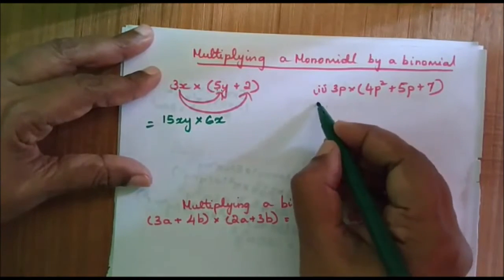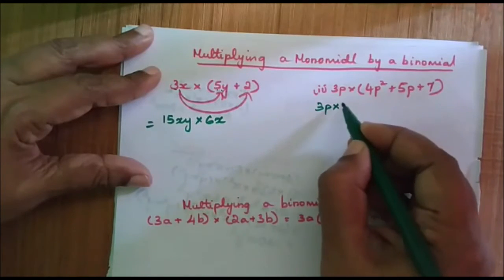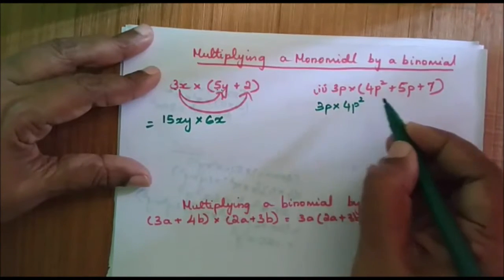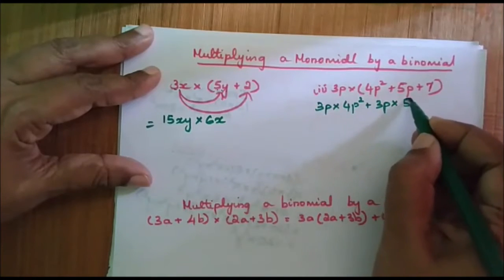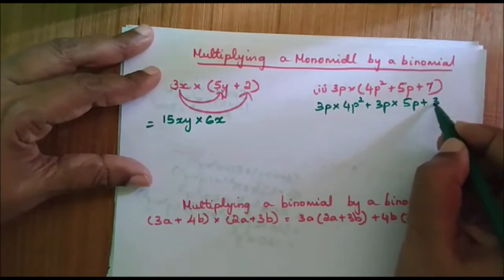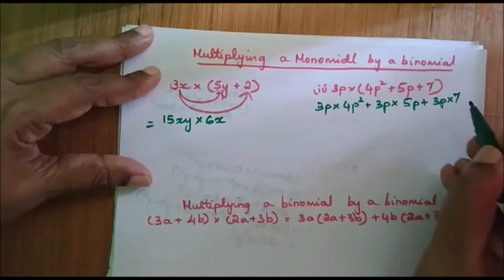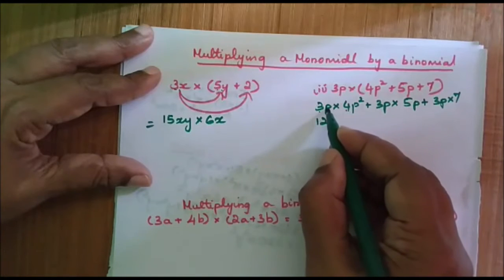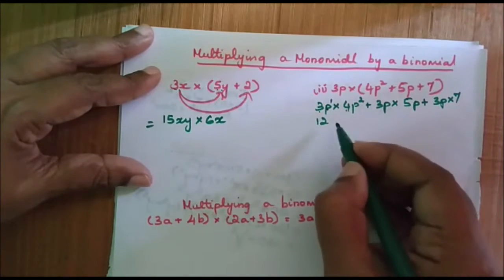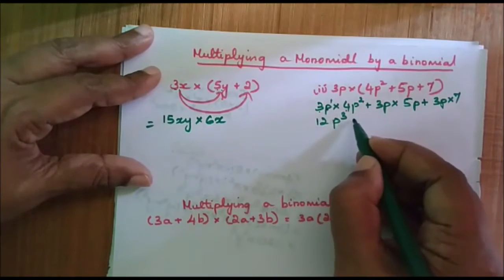Now we will do this one. This is nothing but 3p into 4p squared plus 3p into 5p plus 3p into 7. So how will we write this? 3 into 4 is 12, p to the power 1 and p to the power 2 is p to the power 3.